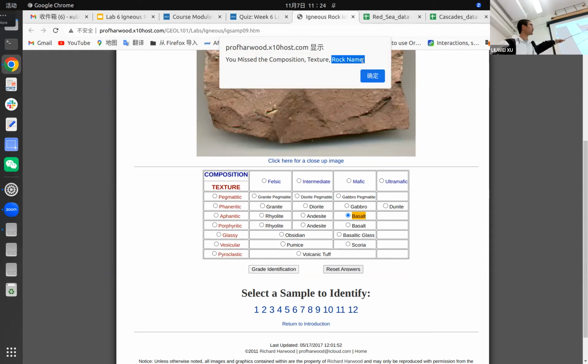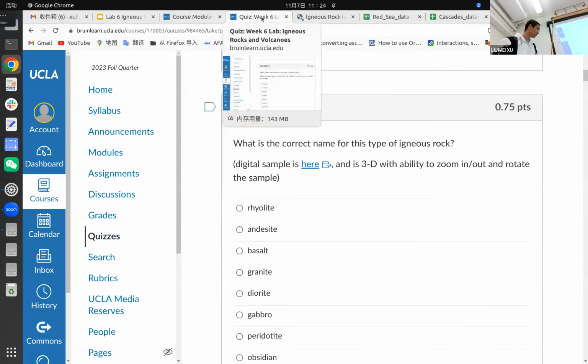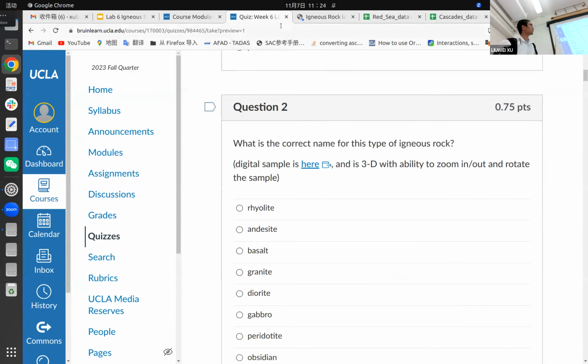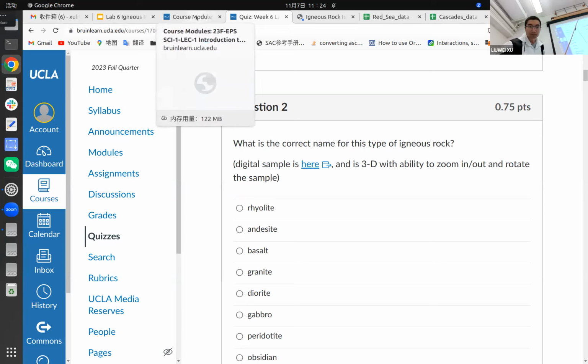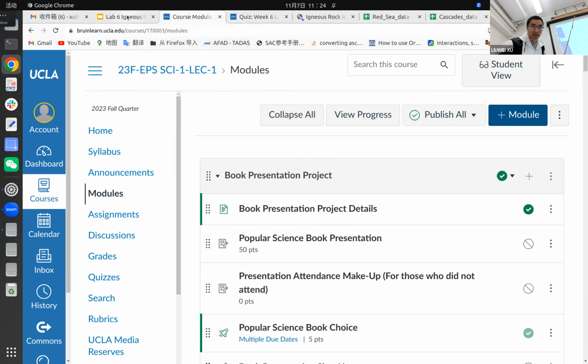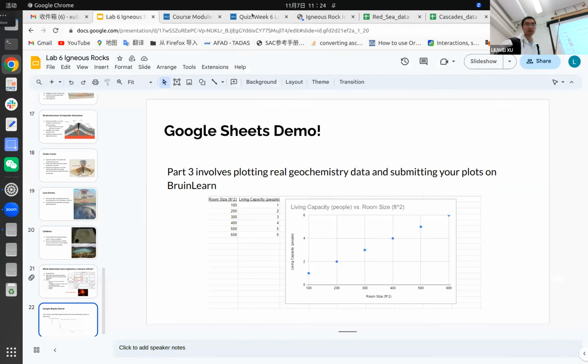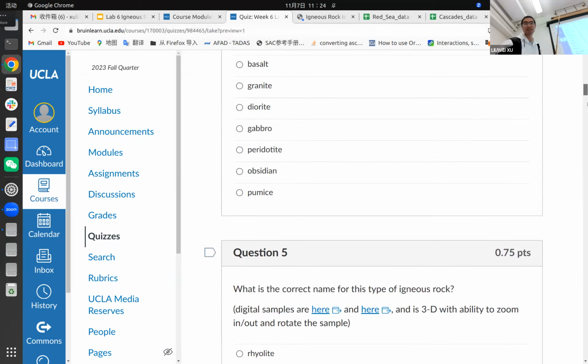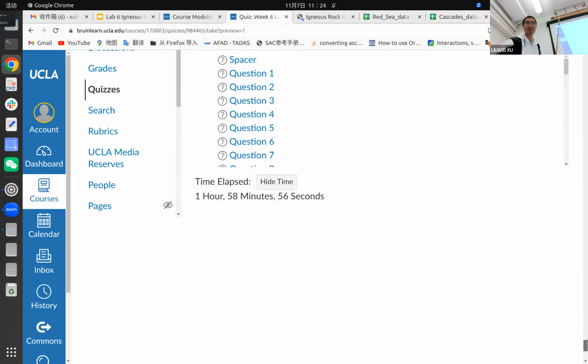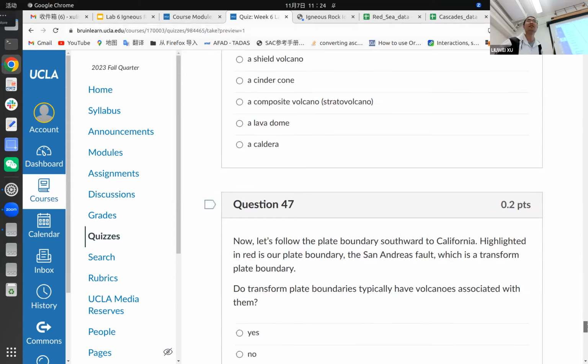If your answer is correct, the rock name will disappear. Also, for half of the 9 questions, you can do this kind of test. For others, you can again look at the 3D model. We have in total 49 questions in this lab.